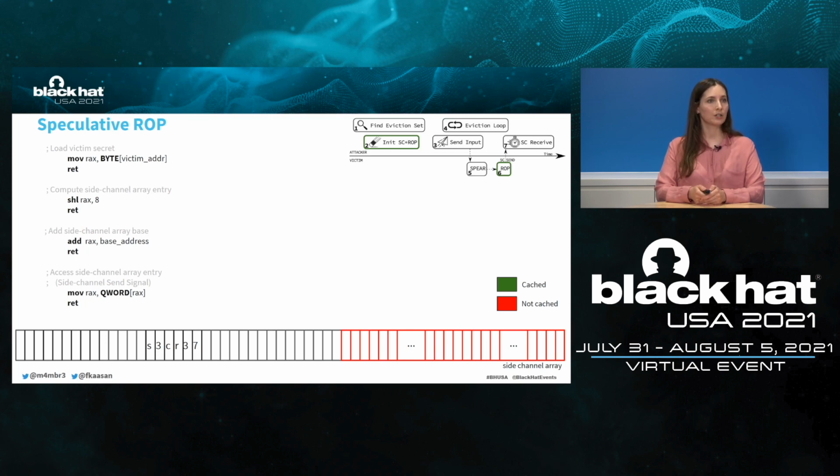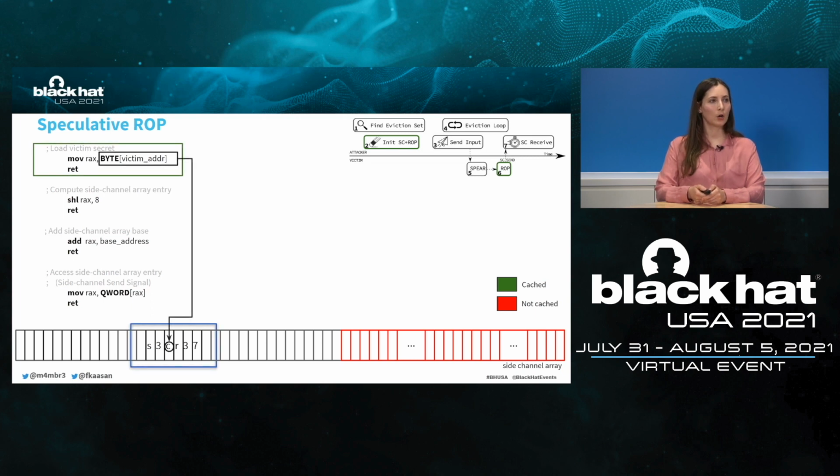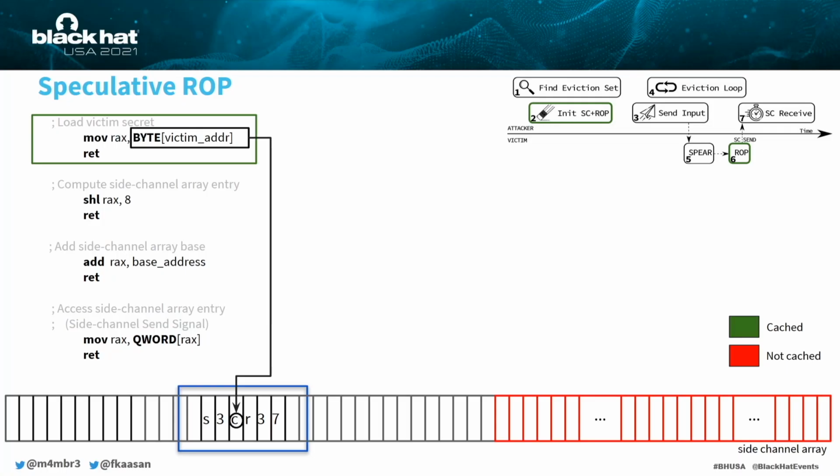In the first gadget, we see that there is a load of the victim secret byte. To increase the success of the attack, this load should hit the cache. This will provide the attacker, during the speculation window, with the victim secret byte that they intend to leak.